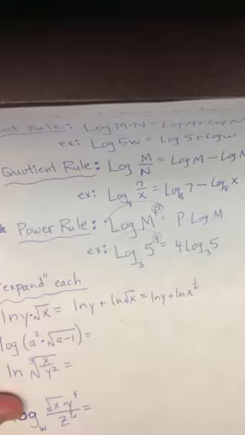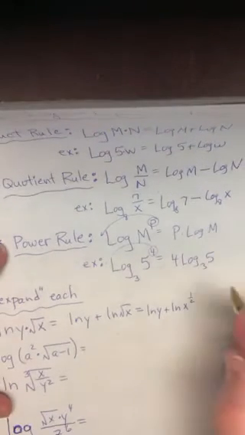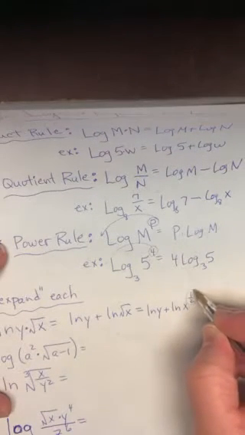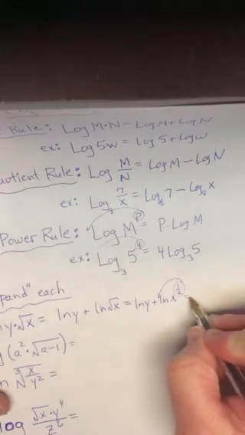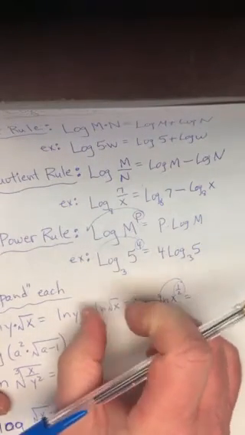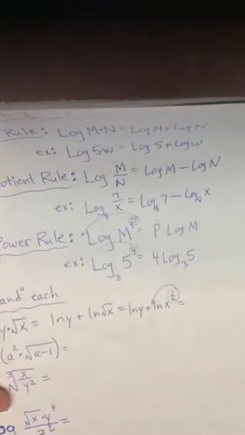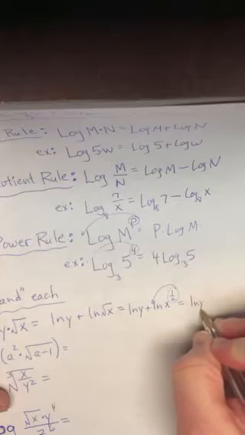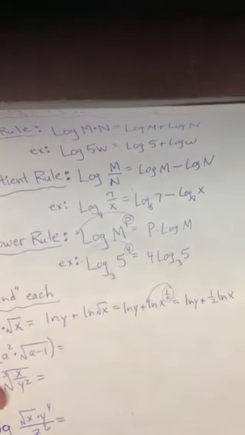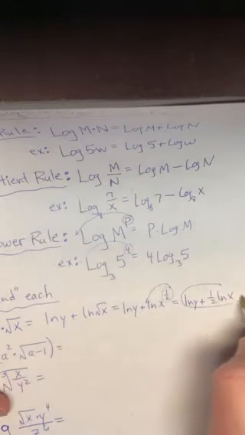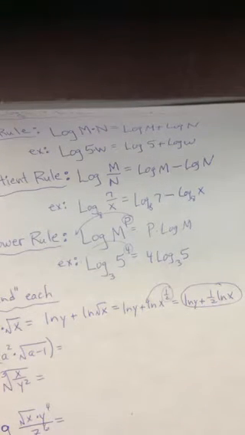And now using the power rule that we just learned, I can take that power and put it in front of that ln. So technically, when I take this engine apart into as many pieces as I can, I'm expanding it. I get ln of y plus 1/2 ln of x. And that's what I expect to see as your circled final answer for expanding that logarithm.